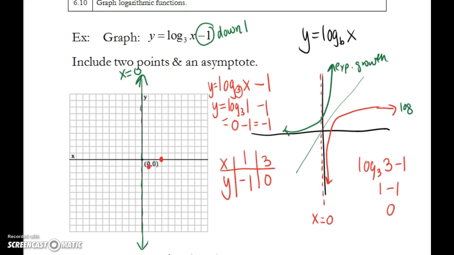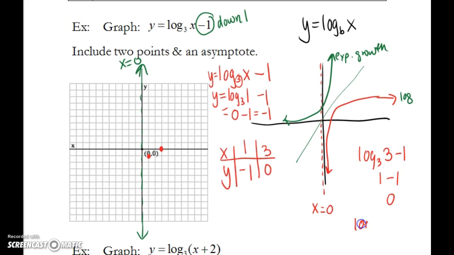If we picked, for example, x equals 4, you'd have log base 3 of 4 minus 1, and we can't evaluate log base 3 of 4 without a calculator. But powers of 3, like 3 or 9 or 27, would be good values to pick for x. All right, so we know where the asymptote is. We have a couple of points. We know this red graph is the general shape of a log function. So let's connect our points and get our graph.